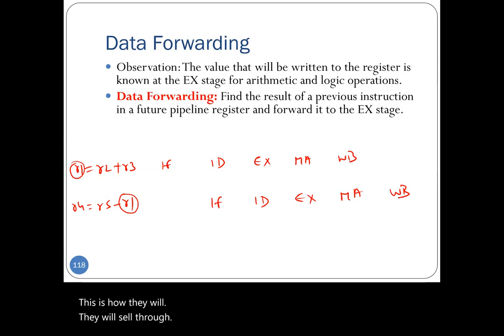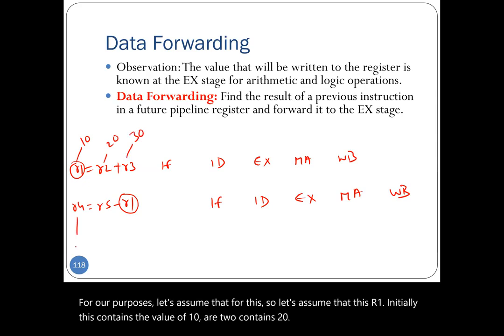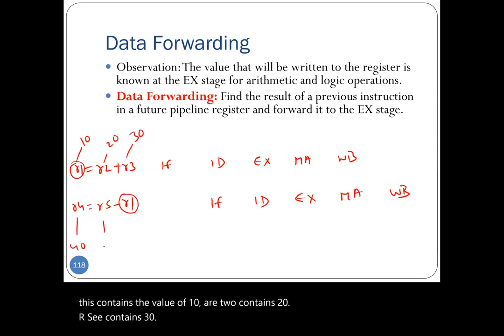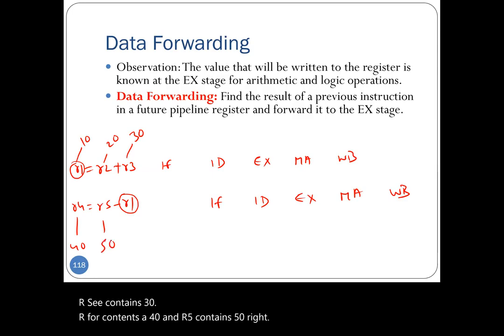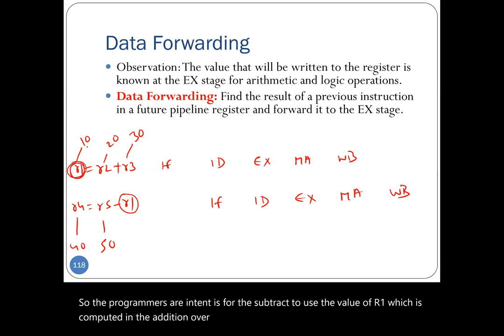For our purposes, let's assume that R1 initially contains the value of 10, R2 contains 20, R3 contains 30, R4 contains 40, and R5 contains 50. The programmer's intent is for the subtract to use the value of R1, which is computed in the addition over here, and not the original 10 that is stored in R1 initially.